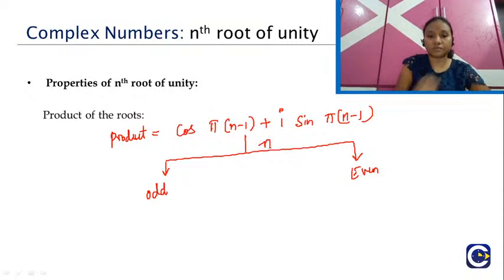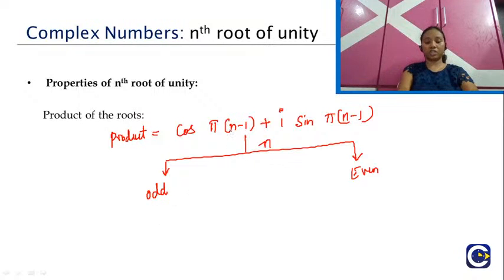If n is odd, let it be 1, so the angle will be 0 here. What is the value of cos 0? Cos 0 is 1 and sin 0 is 0, which means when my n value is odd, the entire product is equal to 1.